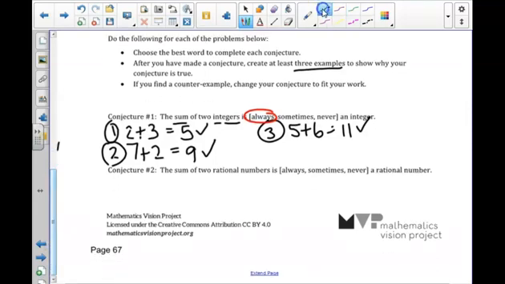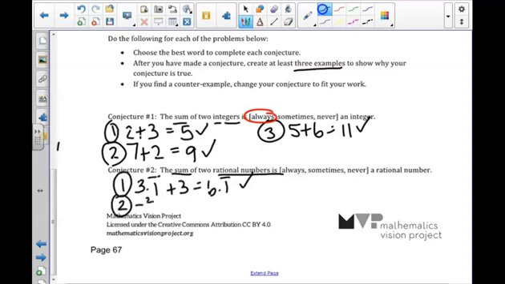Moving along to number 2, we are asked if the sum of 2 rational numbers is always, sometimes, or never a rational number. So we want to find 3 examples. If we take 3.1 repeating plus 3, we know that we'll get 6.1 repeating. And recall that that is indeed a rational number.